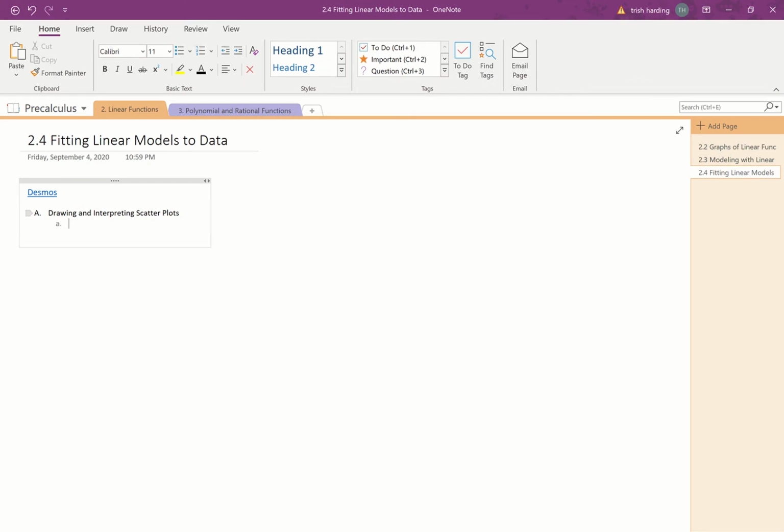So this is when we plot values of differing variables on the X and Y, we treat them as ordered pairs. So you will see that usually they're given as a table, or a list.